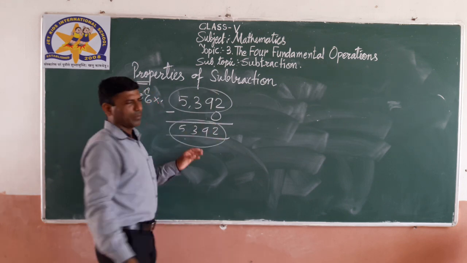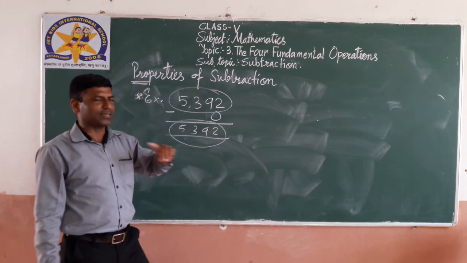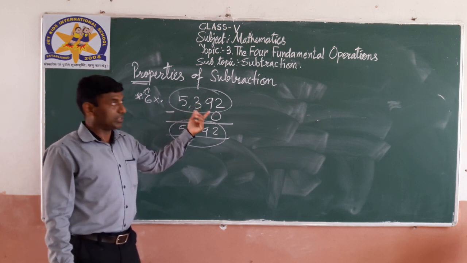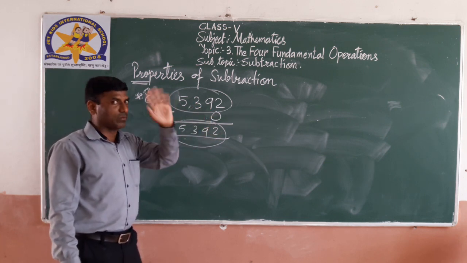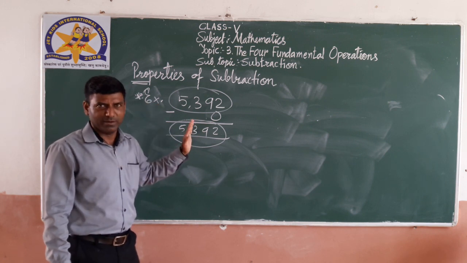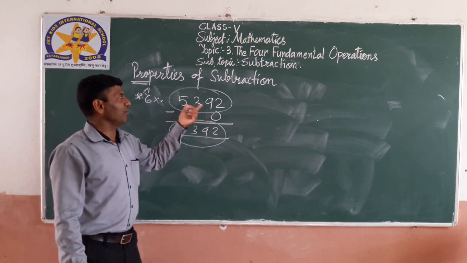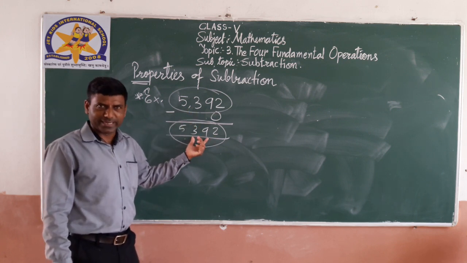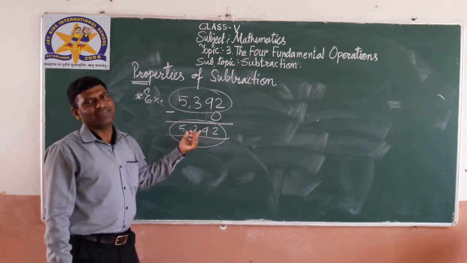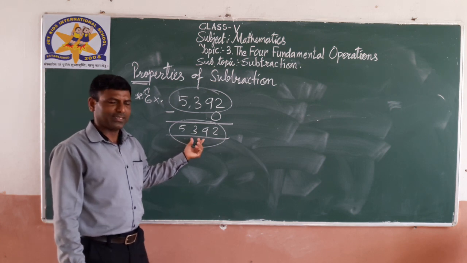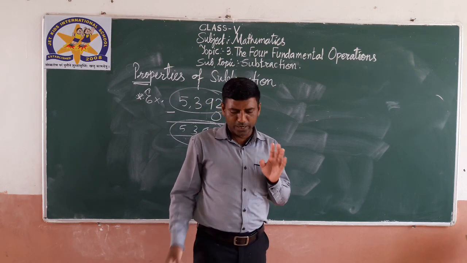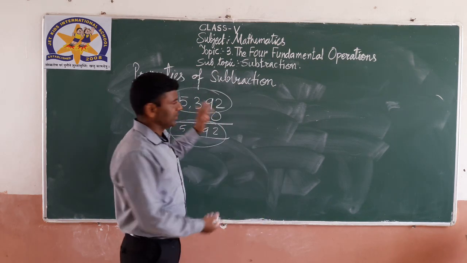Means this property is, if we subtract 0 from a number, the difference, or the answer, is the number itself. Understand? This is the third property. I hope you understand this.